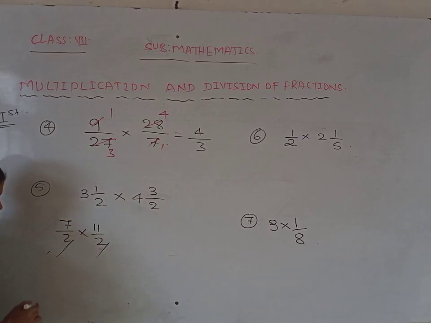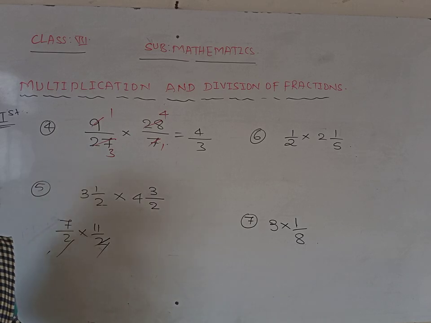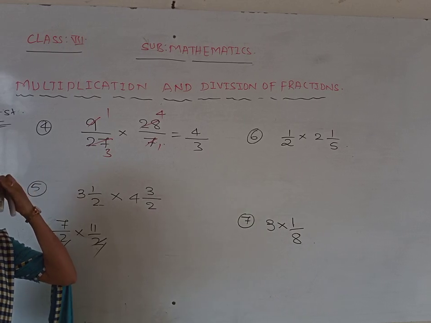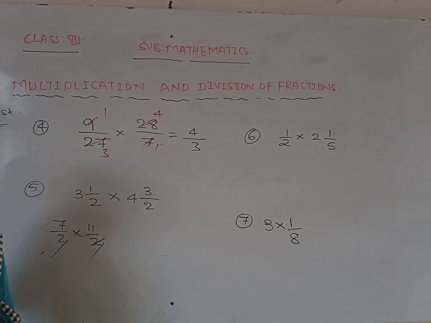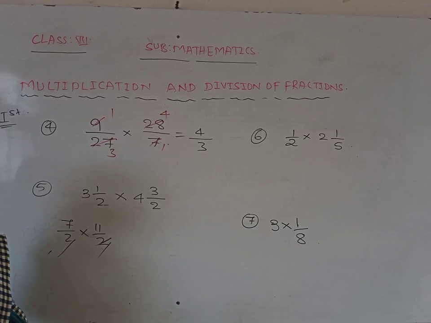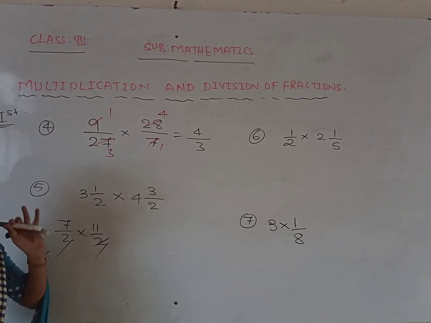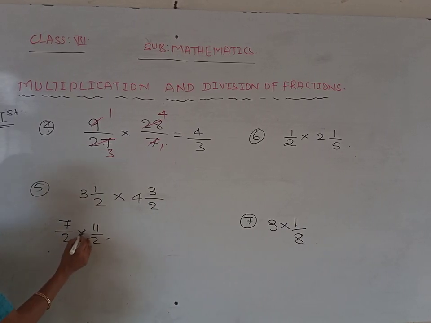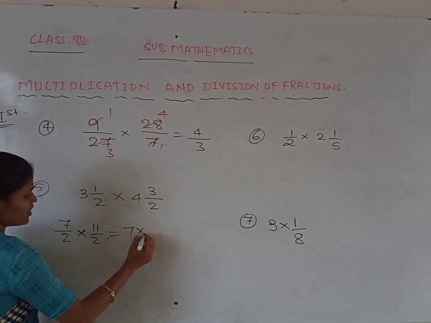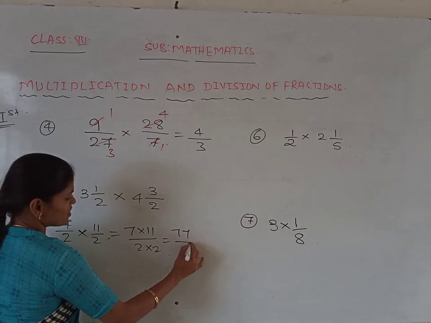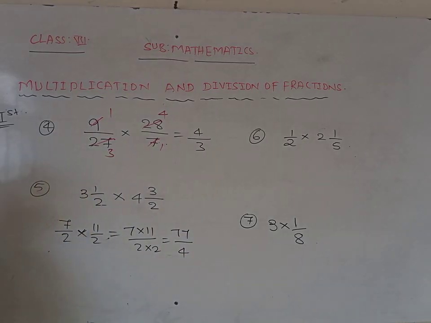Here also 2, here also 2 — you cannot cancel like that. Denominator with denominator, numerator with numerator, head by head, leg by leg is not possible. Only head to the leg. Clear? Okay. So 7 into 11 divided by 2 into 2. 7 11s are 77, 2 2s are 4.